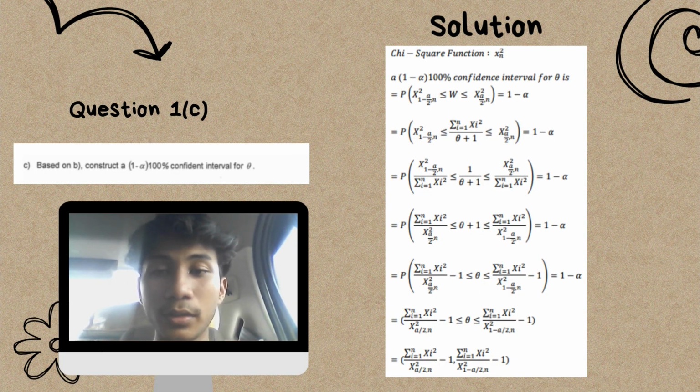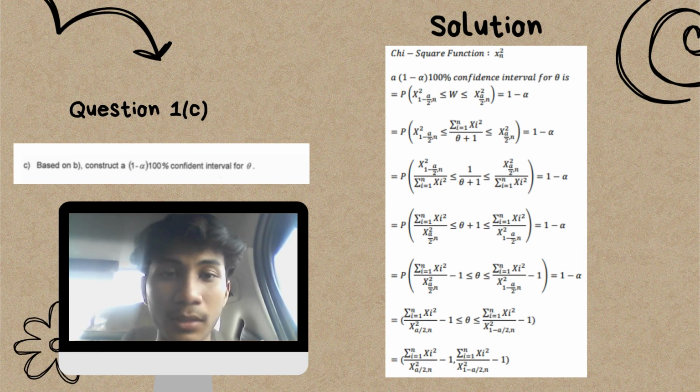So let's move on to the next question, which is question 1C. Based on B, construct a 1 minus alpha times 100% confidence interval for theta. As we know, theta is included in the value of estimation of variance.